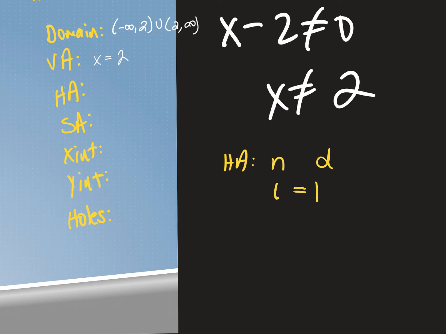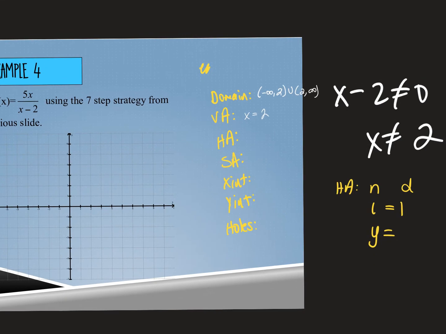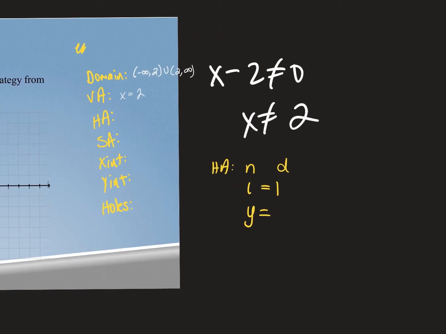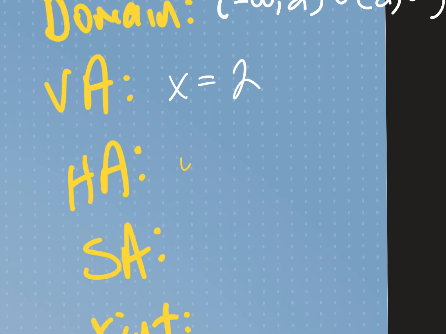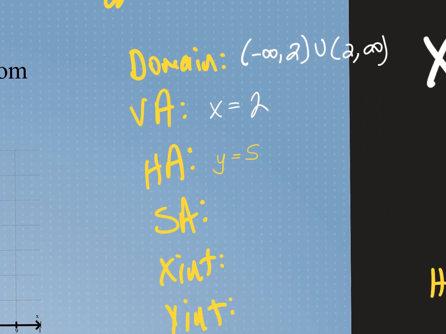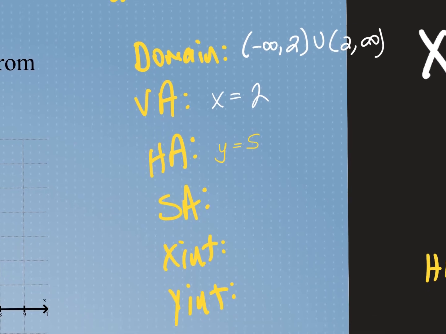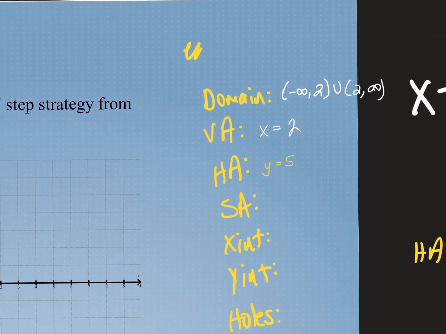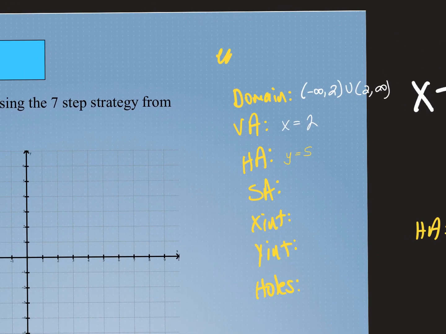If the numerator degree is equal to the denominator degree, our horizontal asymptote is at y equals what? The leading coefficient of the numerator over the leading coefficient of the denominator. So it's 5 over 1, which is the same as what? 5. Okay, so you would say y equals 5. Do you guys notice how I'm putting x equals and y equals? Very important. If you want to go ahead now and graph your asymptotes, you absolutely can.